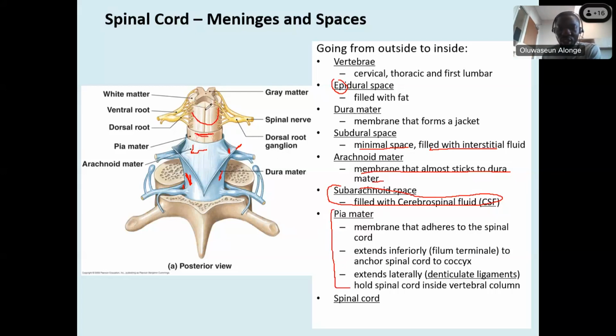Now, see, I told you the spinal cord continues. It starts from the foramen magnum of the occipital bone, and it continues down up to L1 and L2. So when the spinal cord terminates at that point, think about it. If the spinal cord just terminates in the middle of a whole canal, the vertebral column continues from the cervical up to the coccyx.